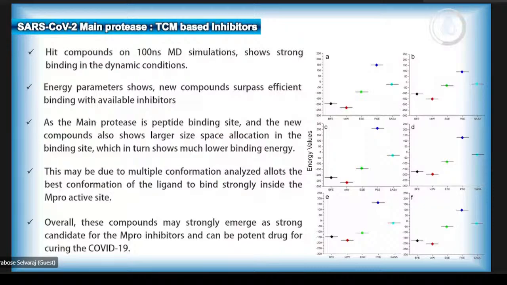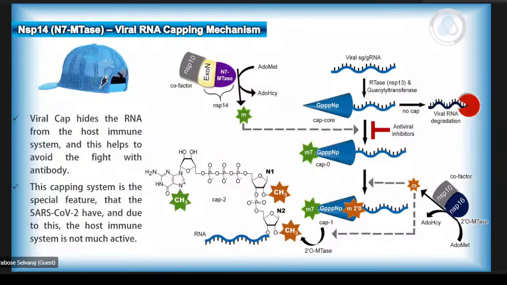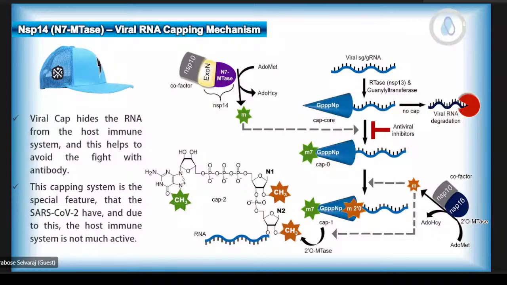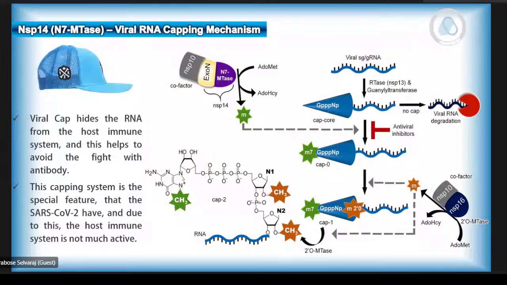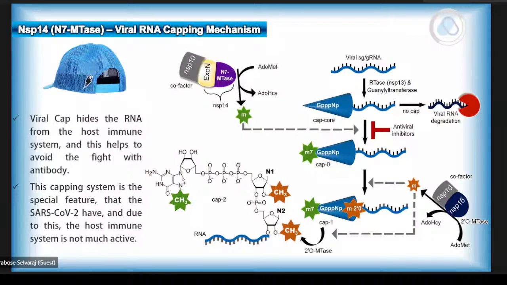The next interesting thing is a cap. The virus also has a cap-like strategy. This N7 MTase has a capping system. Once the RNA gets inside the host cell, the human immune system is very clever, so to tackle it the virus follows an even more clever strategy.